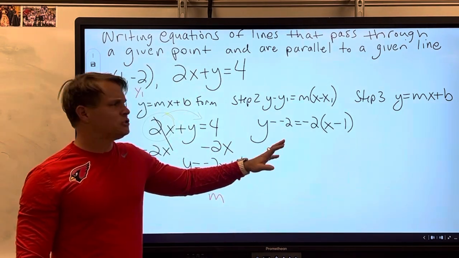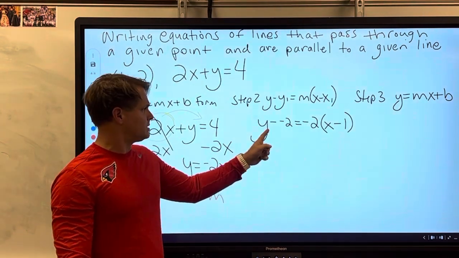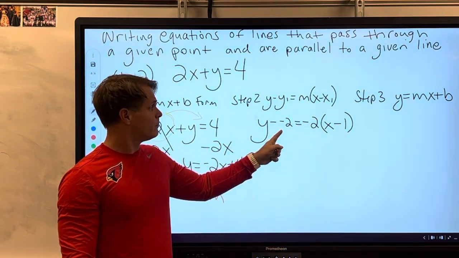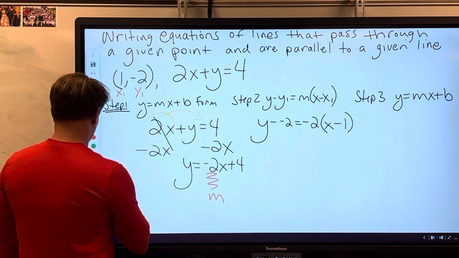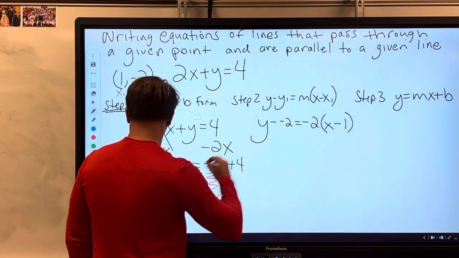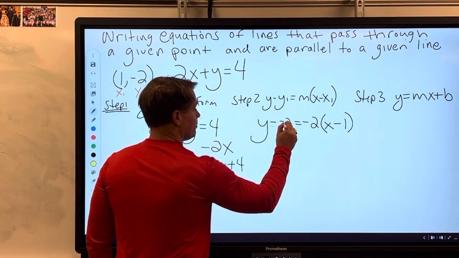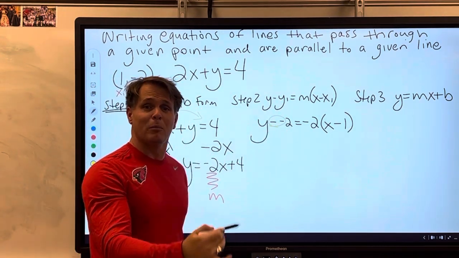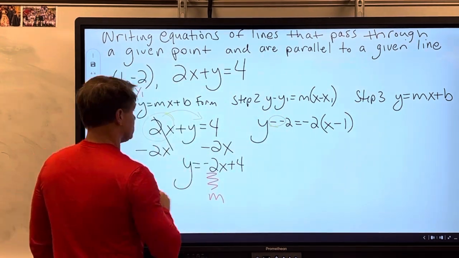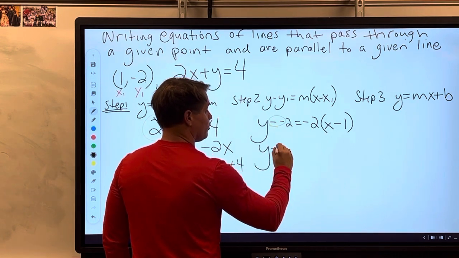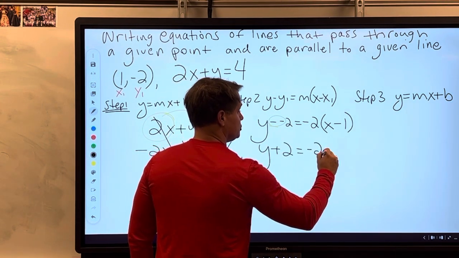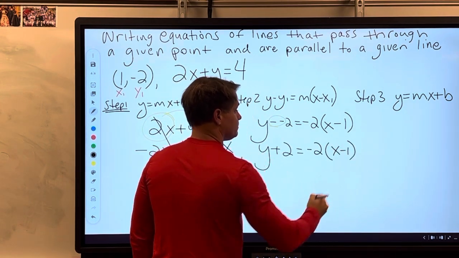So now step 2 is also a little bit more challenging because I have a negative and a negative over here. And in order to simplify this right here, remember that two negatives make a positive. So all I'm going to do is I'm just going to rewrite that as y plus 2 equals negative 2x minus 1.